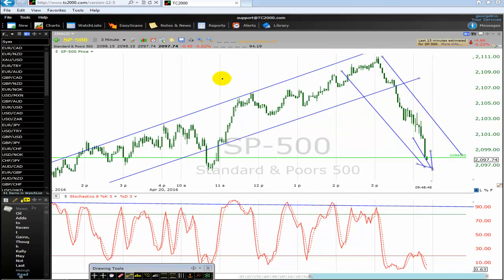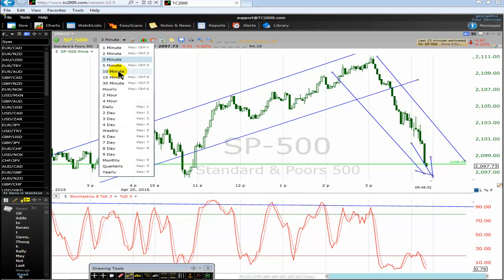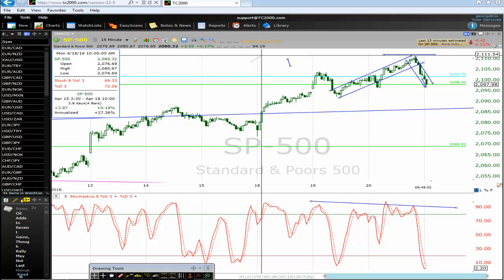Because the price sometimes will come back to the prior high, I'm going to change my time frame to the 15-minute time frame, to see whether price goes above 2111.